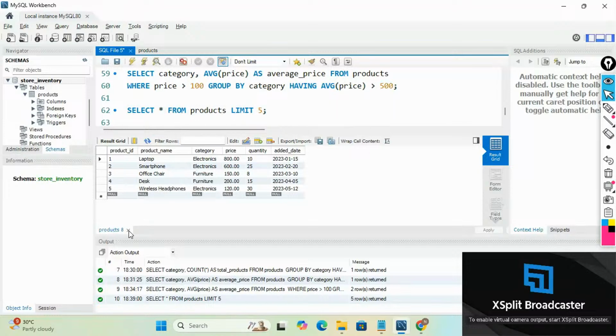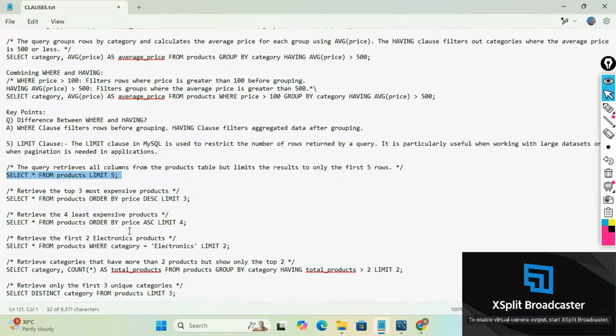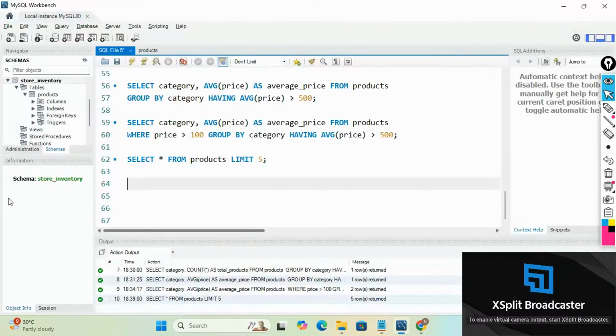Then next to limit clause, there are a few more examples, but this time we are supposed to involve more than one clause in the query.